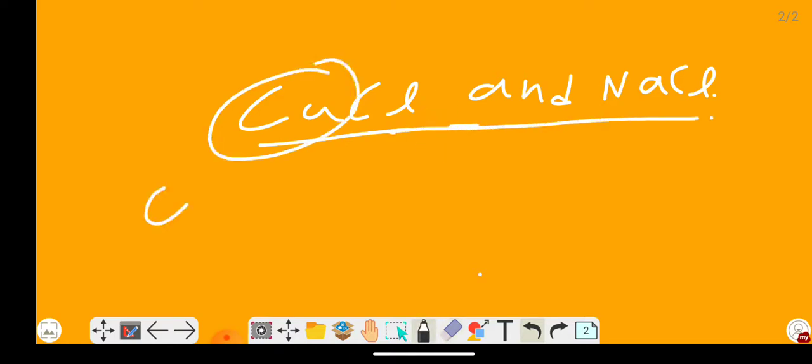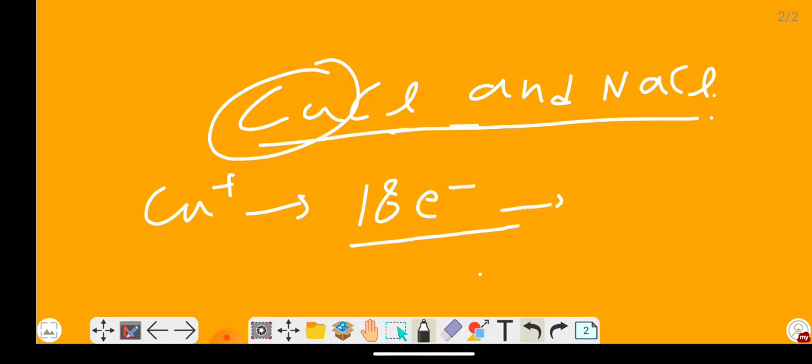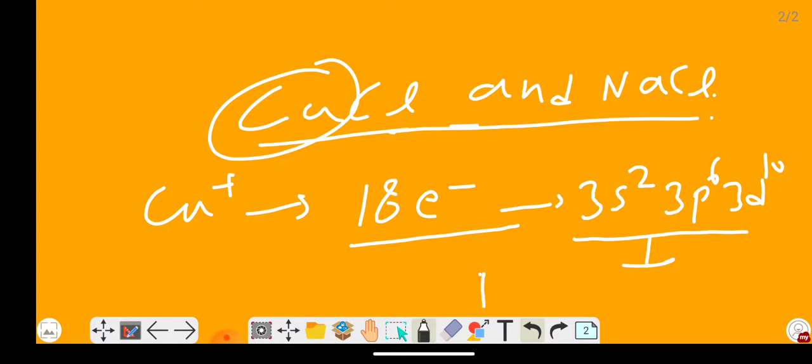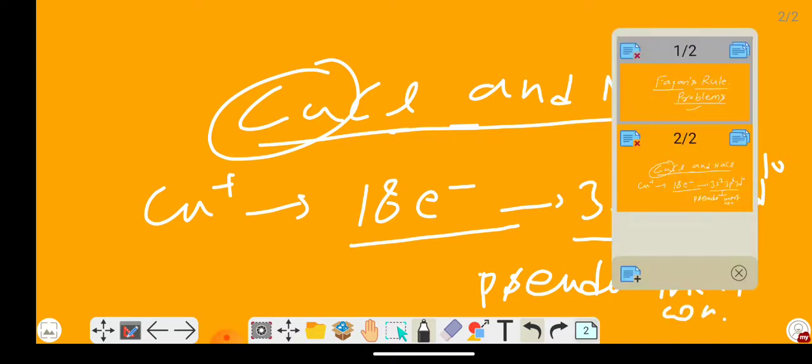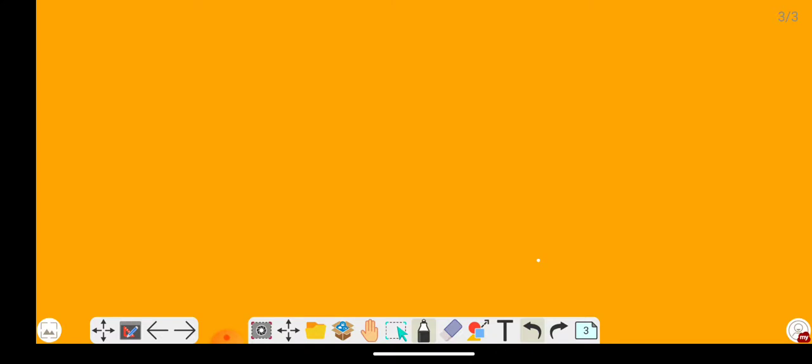As we know, Cu positive has a configuration of 18 electrons in the outermost shell, and these 18 electrons can be arranged as 3s2, 3p6 and 3d10. So this is the pseudo inert configuration, and we have already discussed it in the previous lecture.